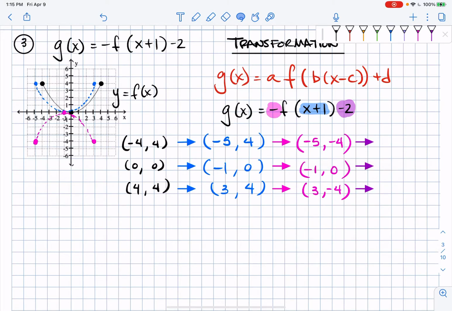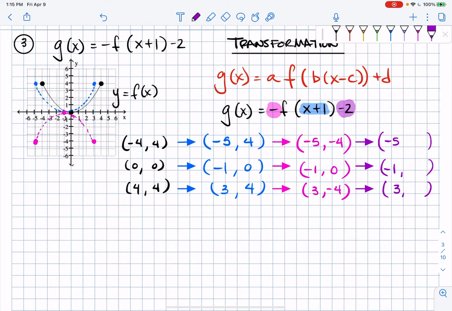There we go. So what am I actually doing? I am dropping it down 2 because again it's outside that f of x area, so it's going to affect the y value and nothing with my x value.